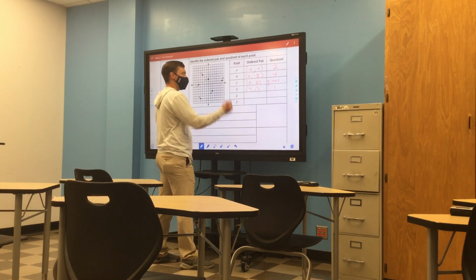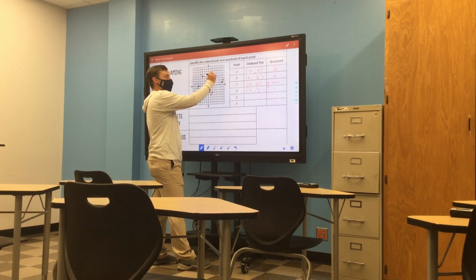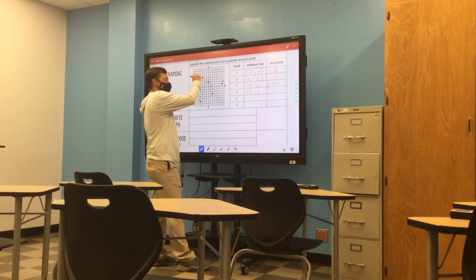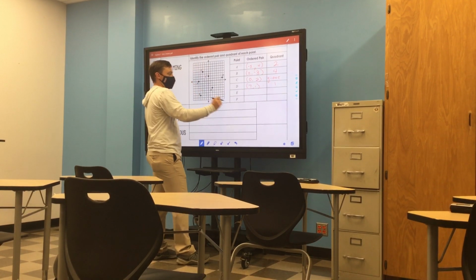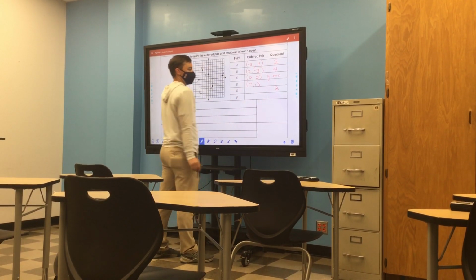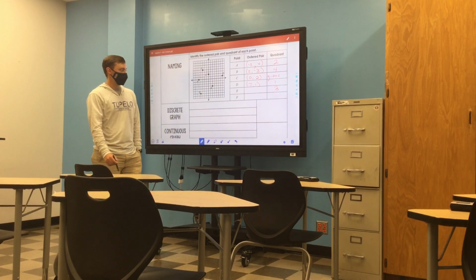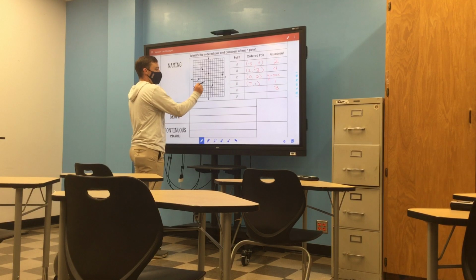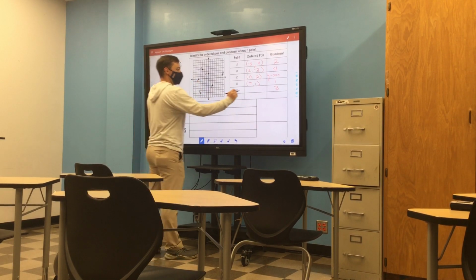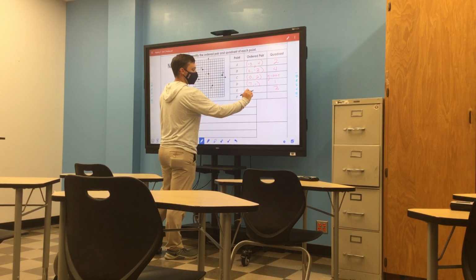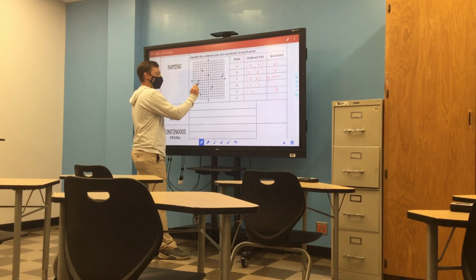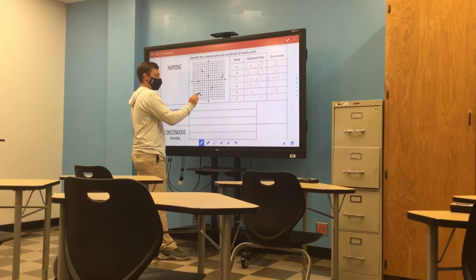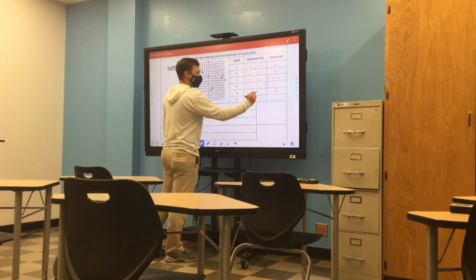Look up here: quadrant 1, 2, quadrant 3. That is in your third quadrant. For point E, you're going left 1, 2, 3, 4, so left 4 would be -4. Down 1, 2, 3, 4, 5, 6, so -6.